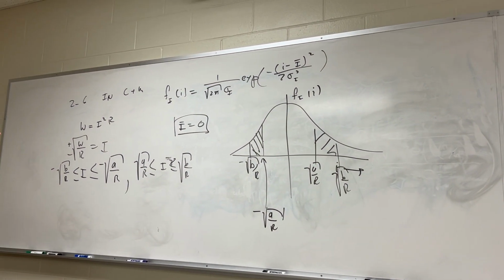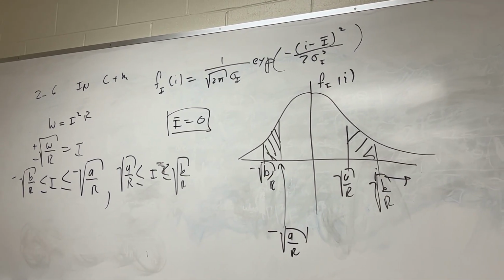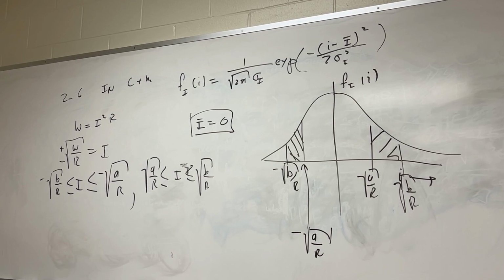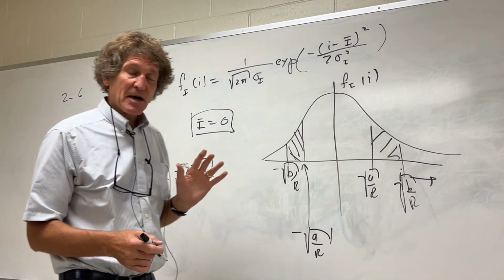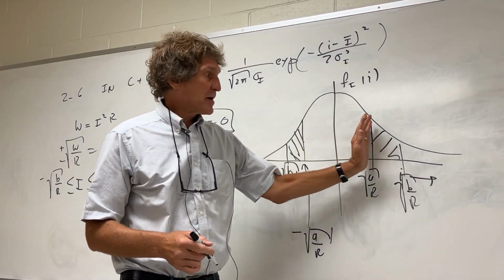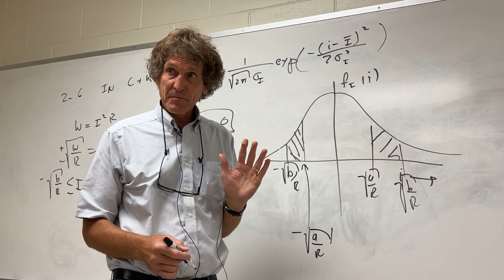I'm just showing you how we can go ahead and get the probability density function for the power, for W. And then we could integrate that, but actually we don't have to. We can circumvent that if you just see the visual. Does everybody follow me on this? So do you all remember if it's got a mean of 0, the area under here is the same area as under there, right? You all with me?